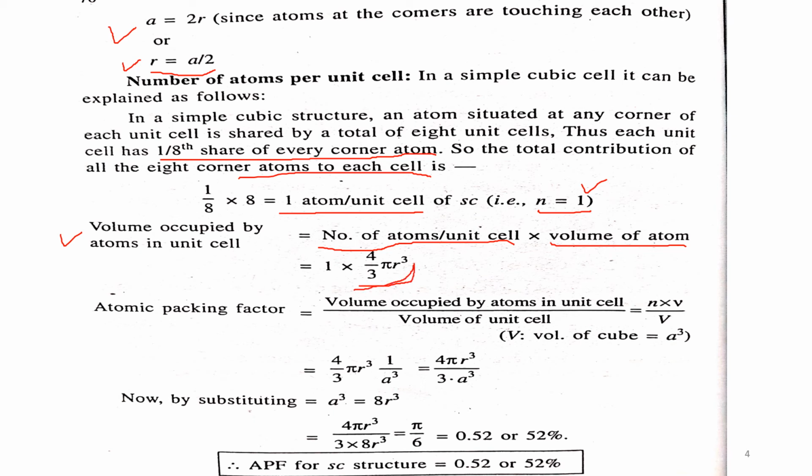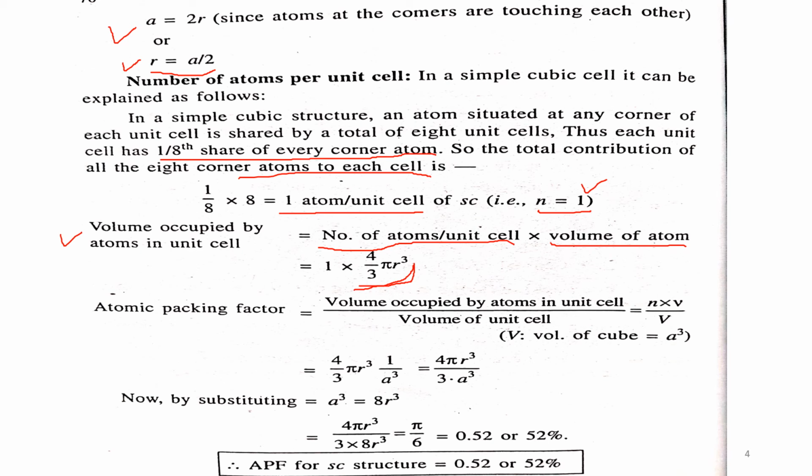Because we already consider the atom as an equidimensional rigid sphere, instead of the volume of atom we apply the formula for the volume of a rigid sphere, which is always equal to 4 by 3 pi r cube. Therefore, our formula is 1 into 4 by 3 pi r cube, and therefore the volume of atoms in the unit cell is equal to 4 by 3 pi r cube.